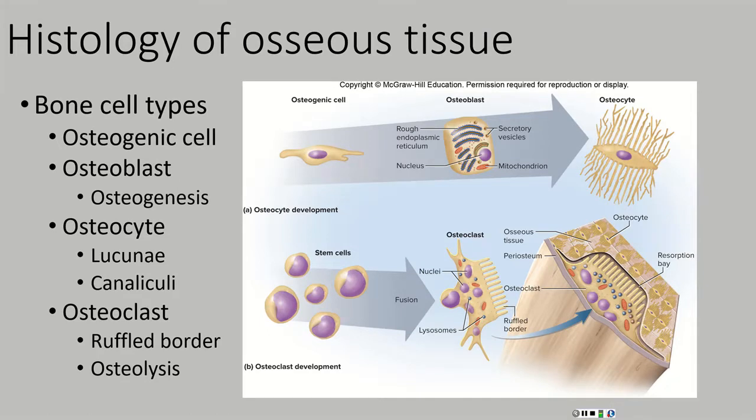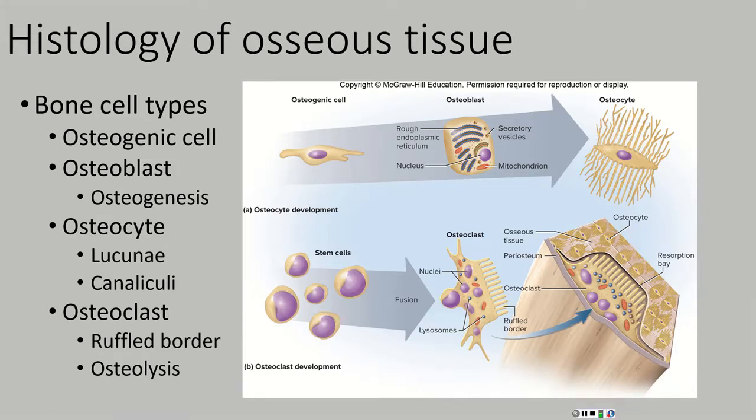Now, as they are making bone, what they're doing is they are calcifying some softer tissue and making it hard like we imagine bone is. And while this is happening, some of those osteoblasts actually get trapped. They surround themselves with that hardened bone.